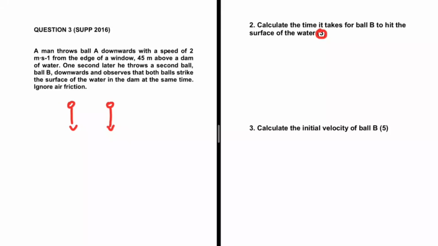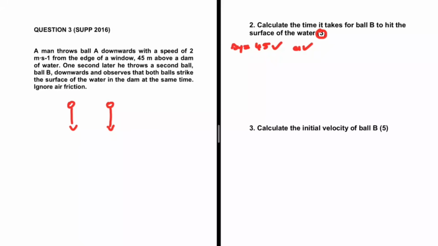Well, we have a problem. With regards to ball B, we know that delta y is equal to 45 meters downwards because it is projected from the same height. What else do we know? We know the acceleration, obviously, but we have 2 variables. We need a third variable in order for us to be able to find the time taken for ball B to hit the surface of the water.